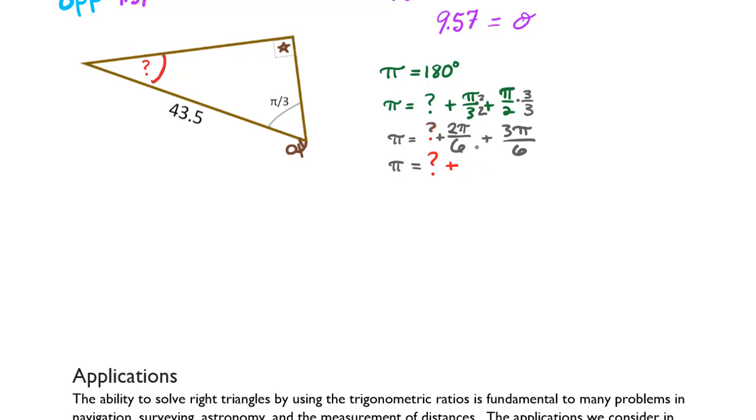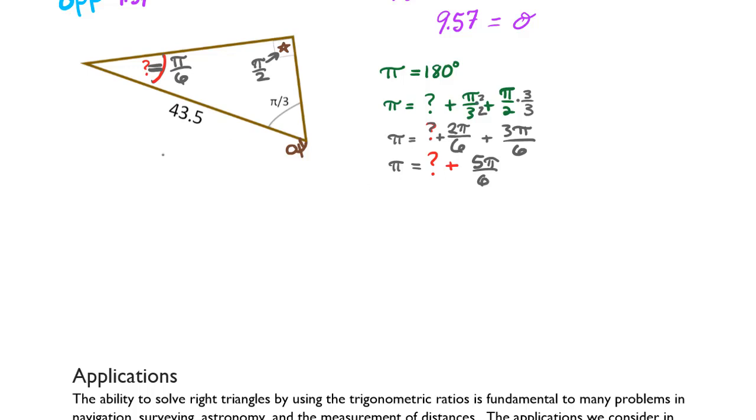So if I have 2 pi over 6 plus 3 pi over 6, that's 5 pi over 6 that I've used up already, which means that the unknown angle has to be 1 pi over 6. So those are my other angles. This is clearly pi over 2 because it's the 90-degree angle.